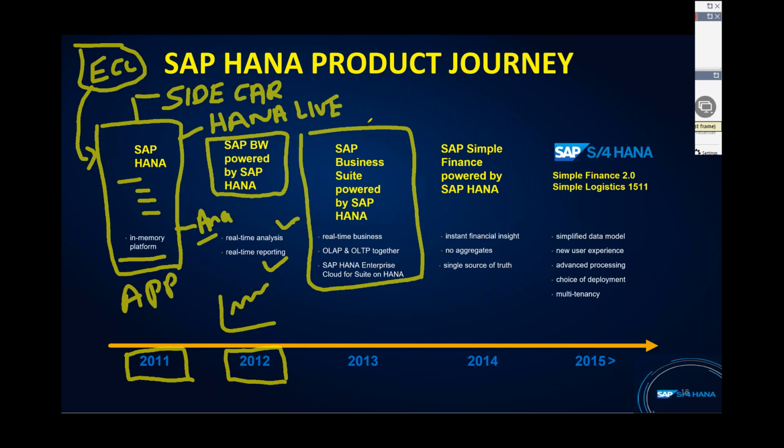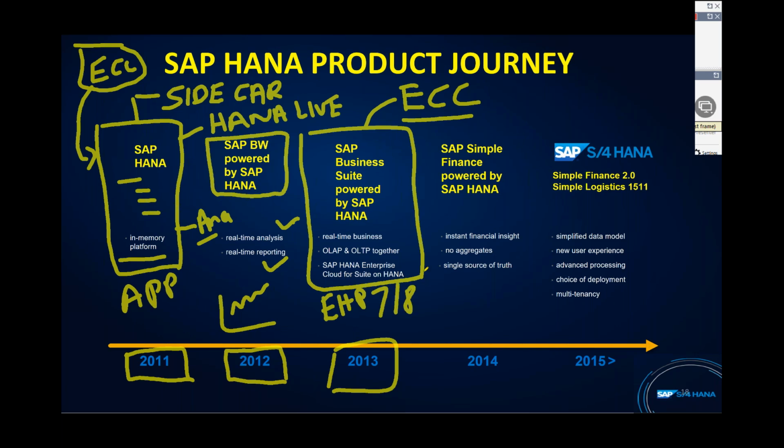Then they came up with the next product, Business Suite on HANA. SAP Business Suite on HANA is nothing but our ECC on top of HANA. So we can also run ECC on top of HANA. That capability was made with enhancement packs 7 and 8.